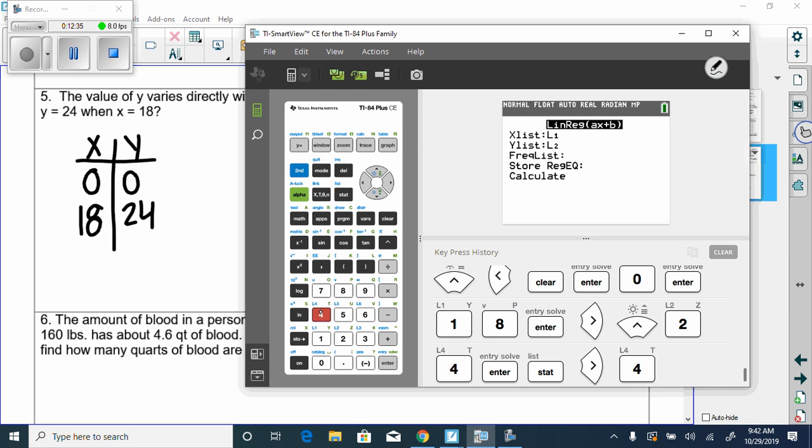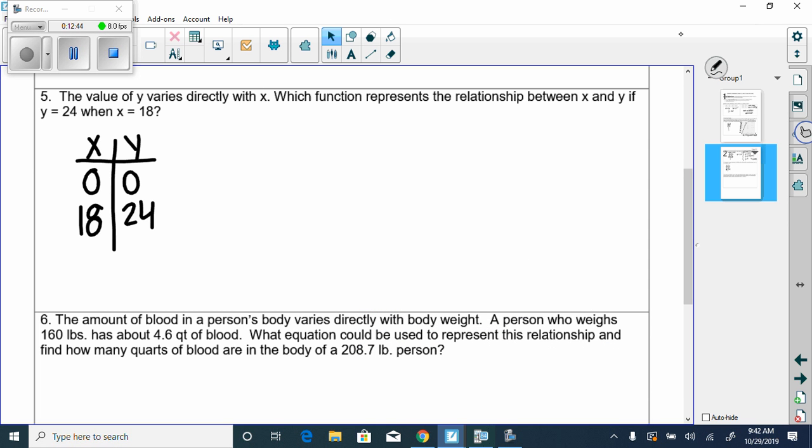Guess what? It's a direct variation. How do you know it's a direct variation? Because the paper says so. No, because the B is 0. So, I have that K was equal to 1.33 repeating, right? That 3 just keeps going and going. So remember, we like to write our slope as a fraction, so that tells us how much up and over to go.